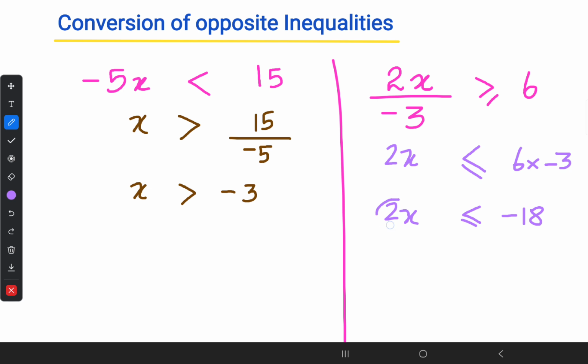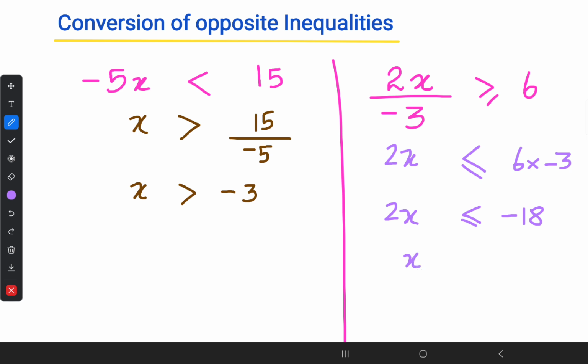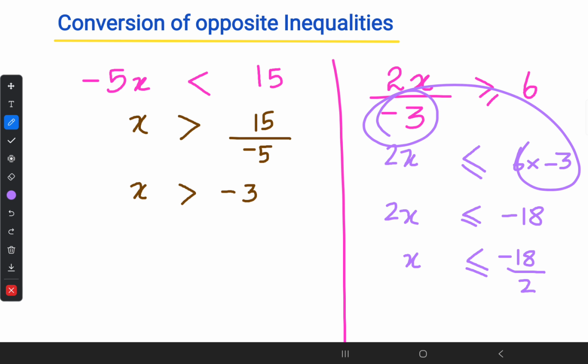Thereafter, look at this. This is just a positive number now. While we are using positive numbers to add, subtract, multiply or divide, nothing will change. Only two cases: negative multiplication or negative division. Here, x should be less than or equal to negative 18 divided by 2. Try to understand why the direction was changed in one place. We just brought a negative number as a multiplicand, but here why doesn't it change?